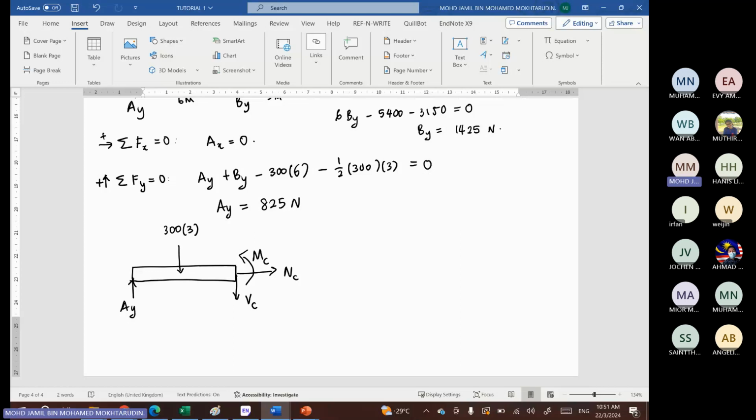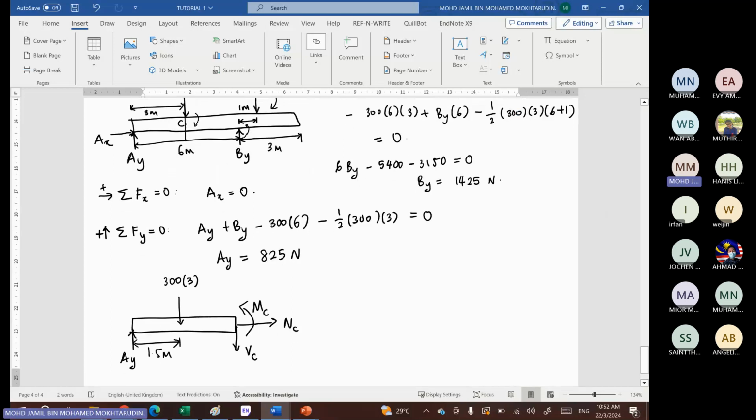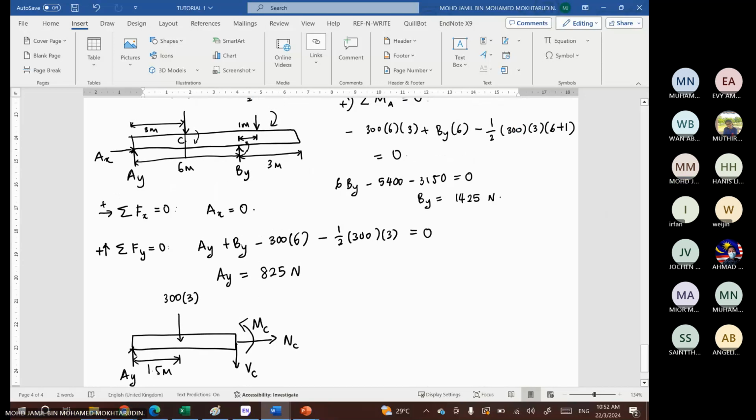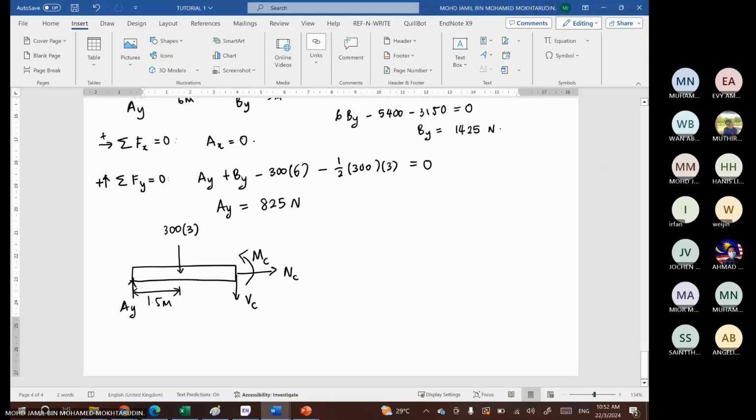So the location is 1.5 meter from point A. Compared to the previous free body diagram, it was acting at point C, but now it's acting here in the middle, because you only consider portion A until C only. Okay, so now you have the free body diagram. Then you can calculate all of the forces inside point C.